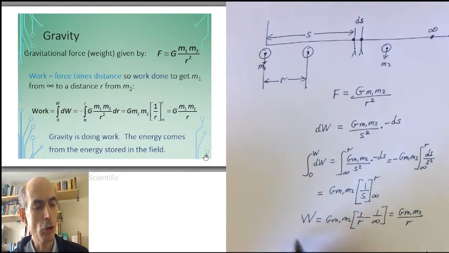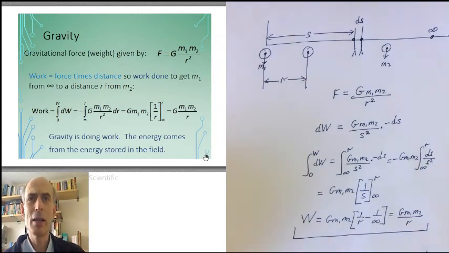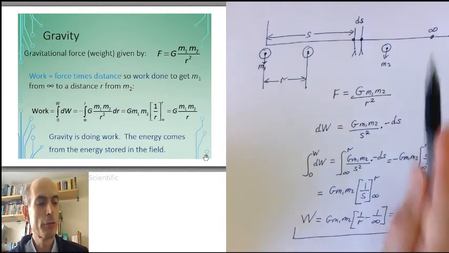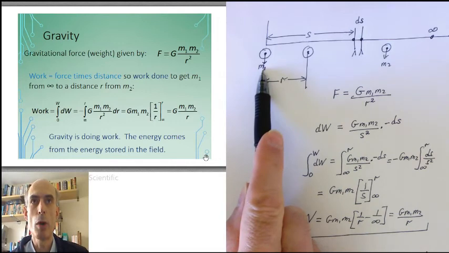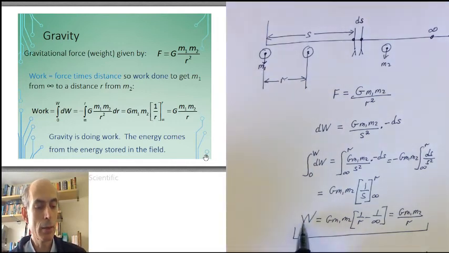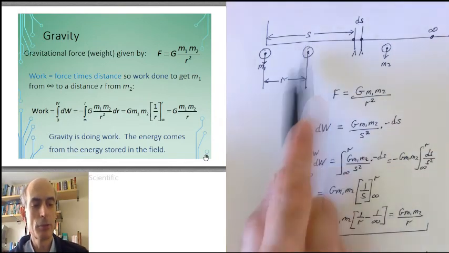That is the total work done by the gravitational force to get this mass m2 from infinity to a distance r away from m1. And that is energy that comes out of the gravitational field when that object is moving to that distance r.